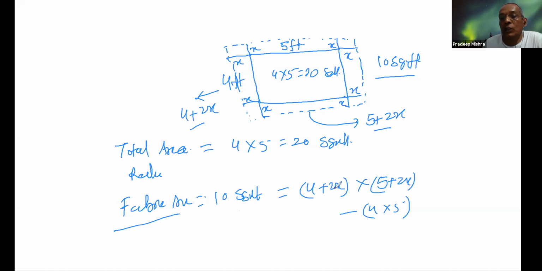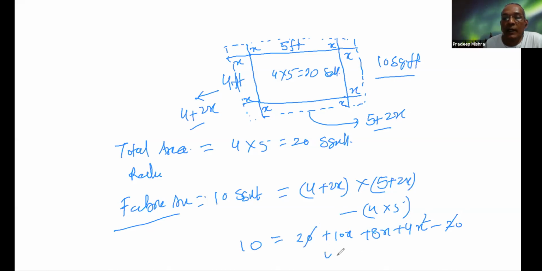So 4 plus 2x into 5 plus 2x minus 4 into 5. When I multiply, I get 20 plus 10x plus 8x plus 4x square minus 20 equal to 10. This 20 and this 20 cancel and I get 4x square plus 18x minus 10 equal to 0.